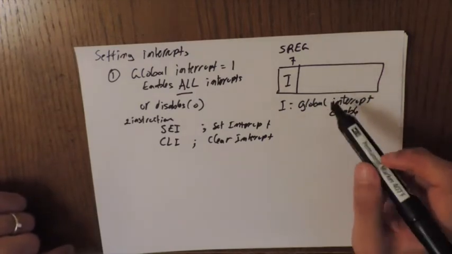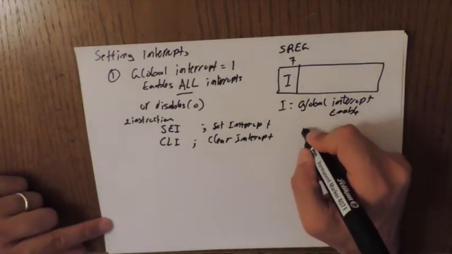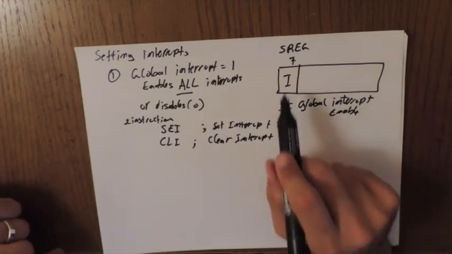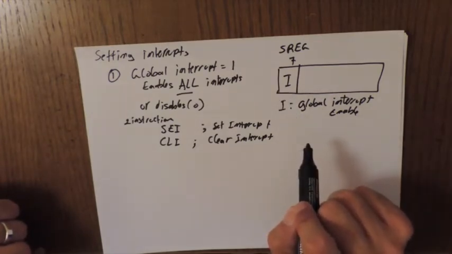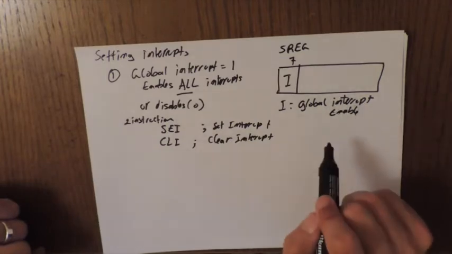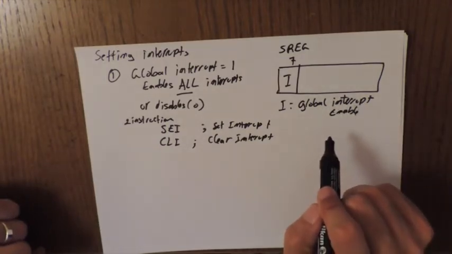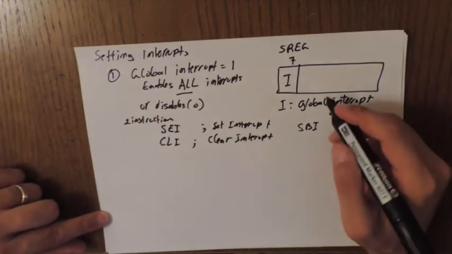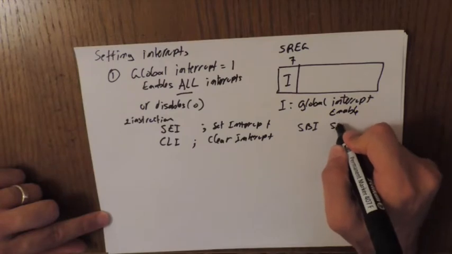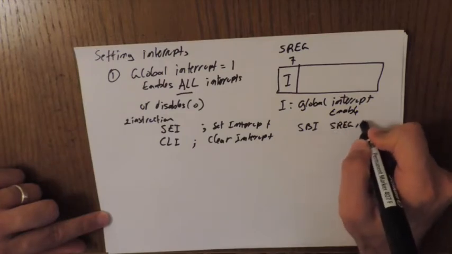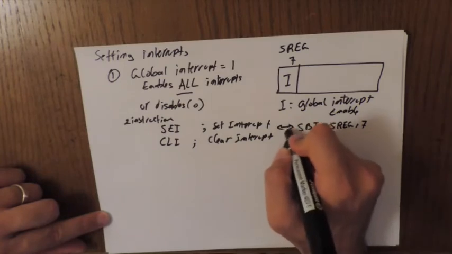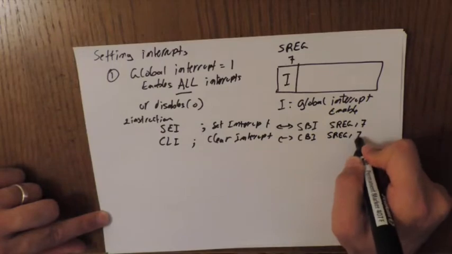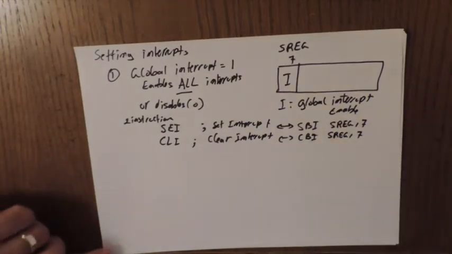I could have set those bits using the normal bit operations in the AVR microcontroller, using SBI, which means set bit in I/O. So SBI SREG,7 is equivalent to SEI, and CBI SREG,7 is similar to CLI.